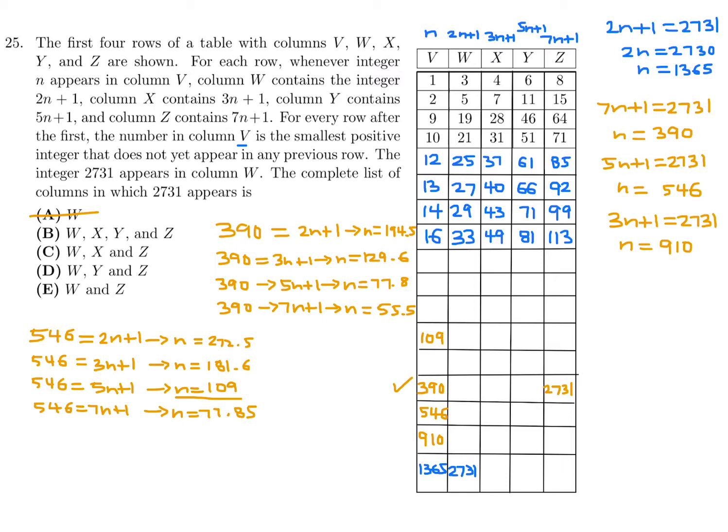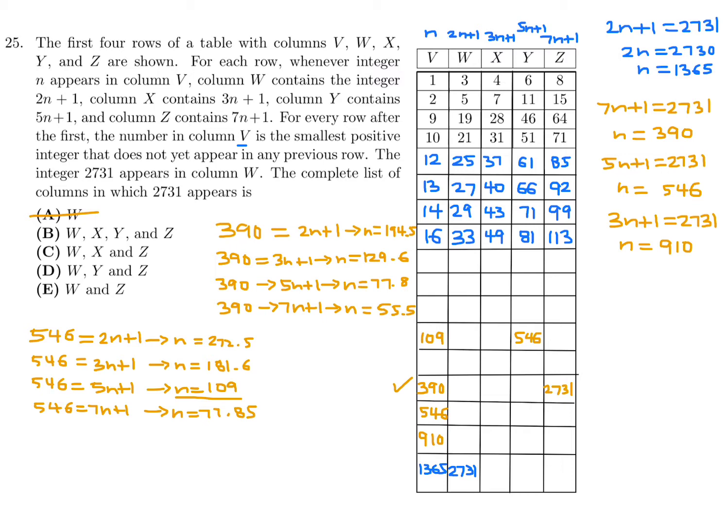I'm not sure, though, if 109 will appear, but it could. If 109 appears there, then the 5n plus 1 would be 546. But if 546 appears there, then it can't appear here. So I've got to retrace my steps. I've got to first concentrate on if 109 appears there or not. So we got a little bit of double work now.